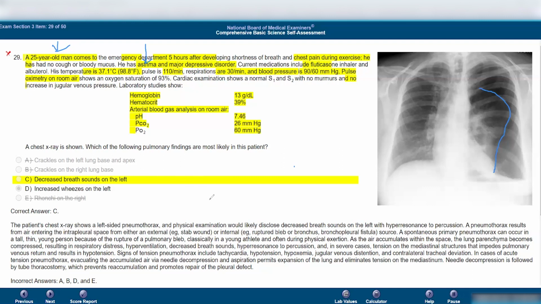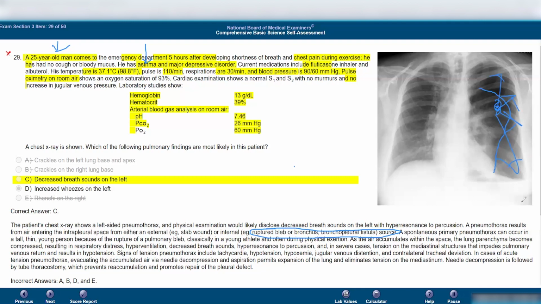Usually you see a ruptured bleb or bronchopleural fistula as a source, but usually it's from trauma. Without trauma in a young person, they usually say they're really skinny, they have some kind of asthma or emphysema, and if they cough or breathe really heavily, it can pop a bleb. What I mean by pop a bleb is a couple of alveoli pop, and then you leak air out from within.